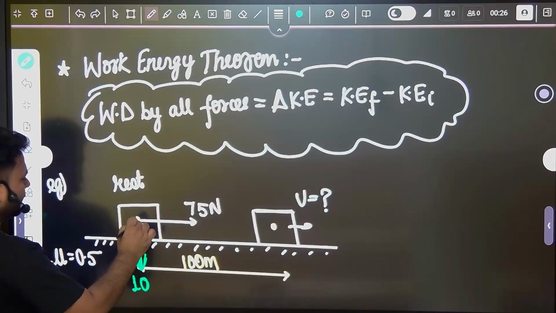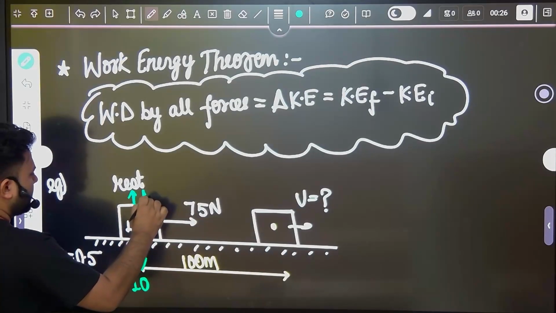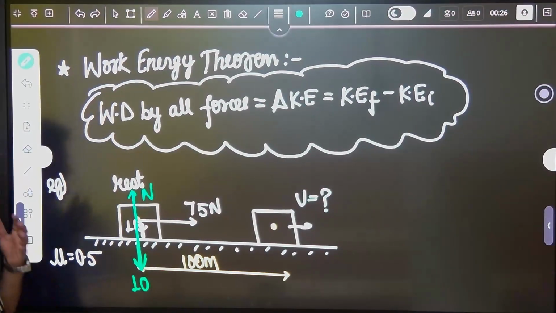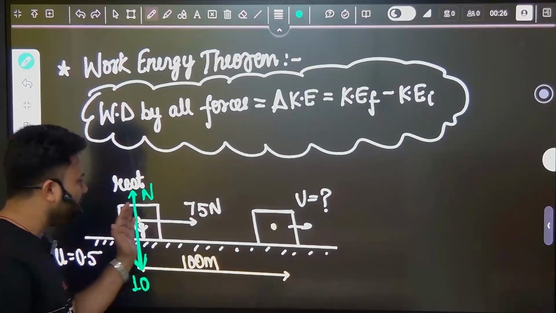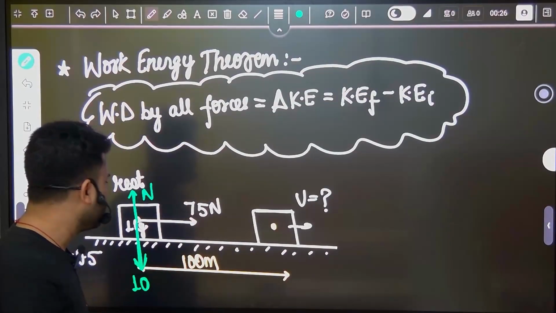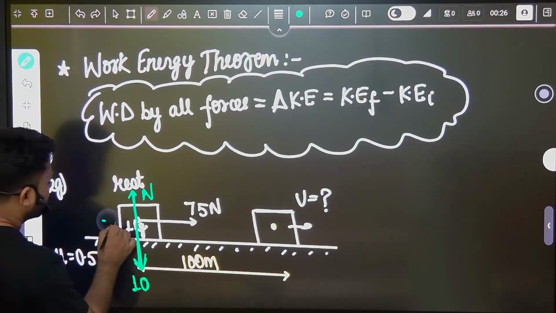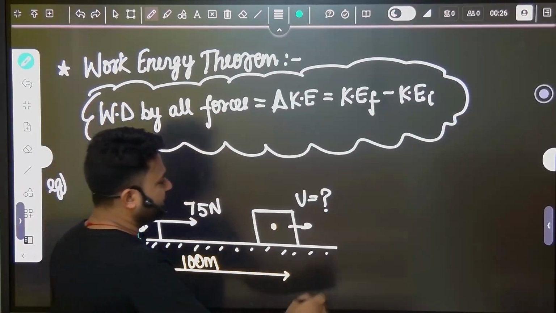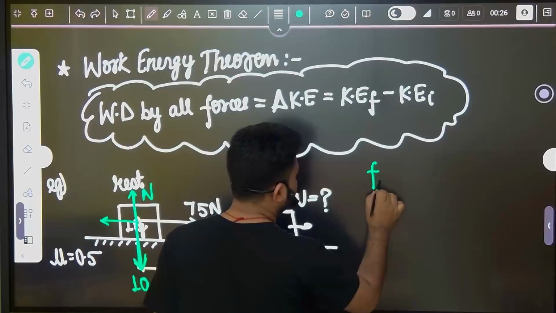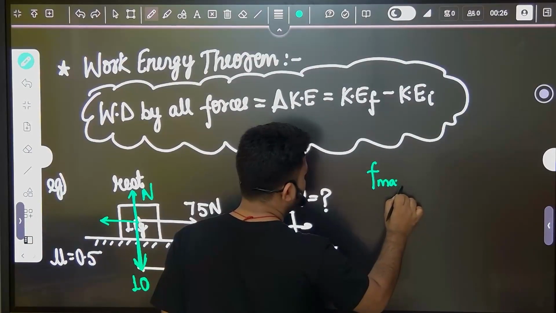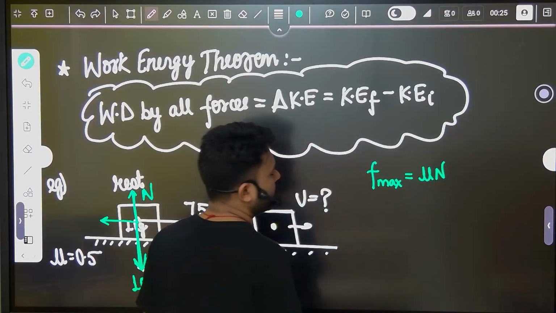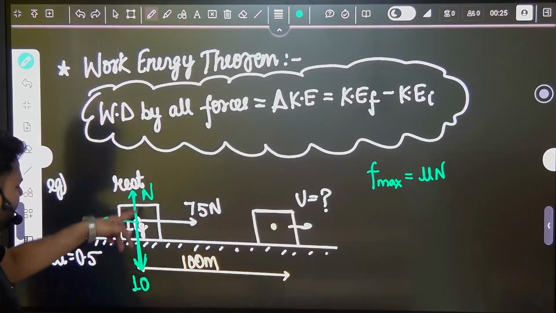One force will be normal. One force is this external force, 75 Newton. And since the block is moving, friction will oppose, so friction will act in the opposite direction. What is the value of friction? Friction will be its maximum, and this will be mu into N. Here, what is N?